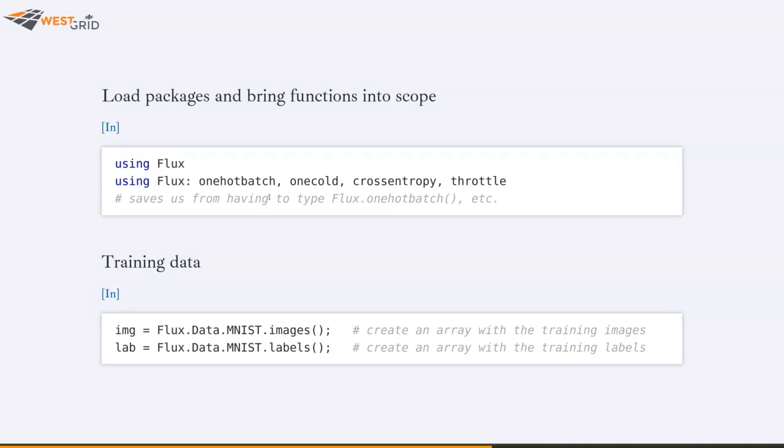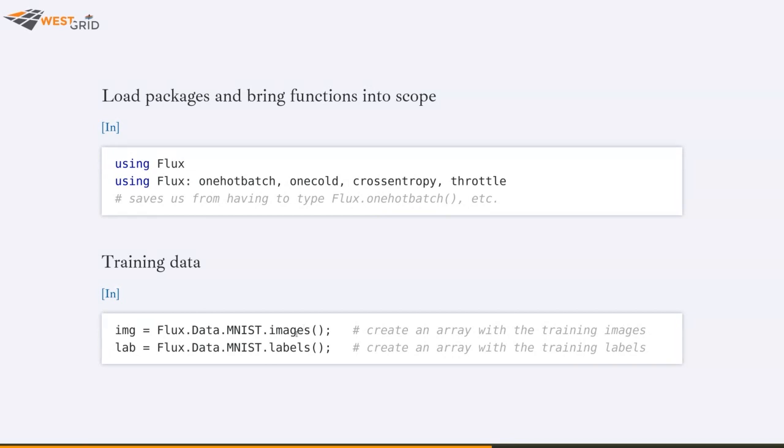This isn't necessary, but for the rest of the session, instead of having to write Flux.onehotbatch, you can just write onehotbatch. So it makes these function names available in the current namespace. It's just a little convenience trick.